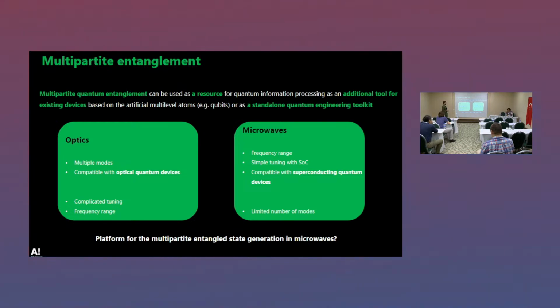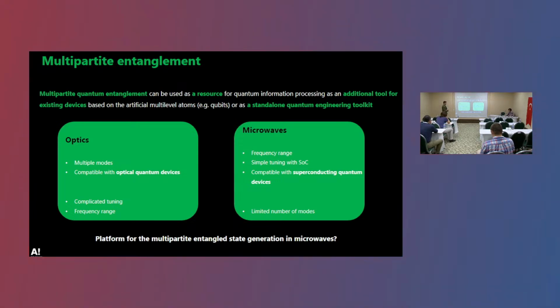Different groups generated multiple modes, dozens, even hundreds of modes, so really large states. This is in the terahertz range, so it's compatible with current optical quantum devices. But some of these optical setups can be pretty complicated. It's not a single system on a chip, and complicated tuning is required. It may be pretty challenging.